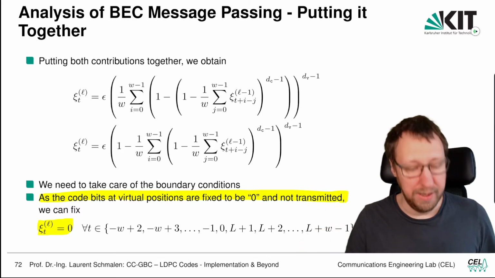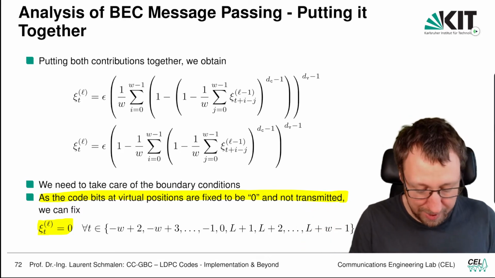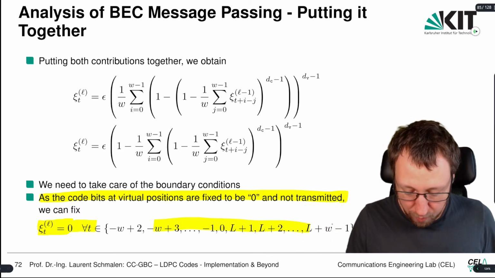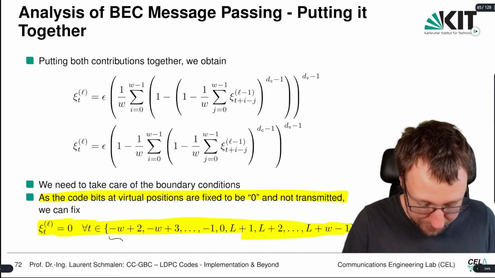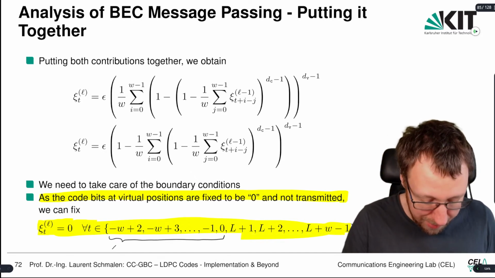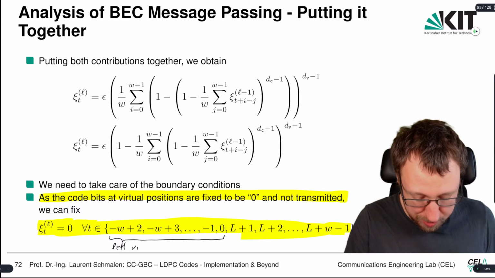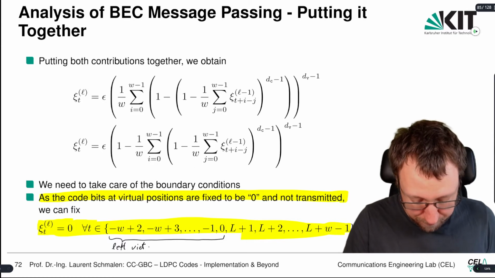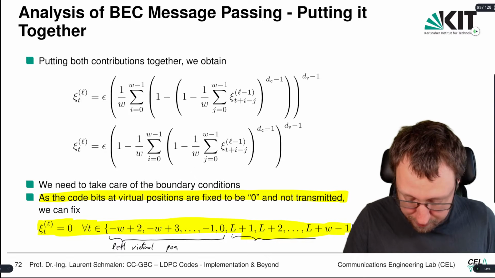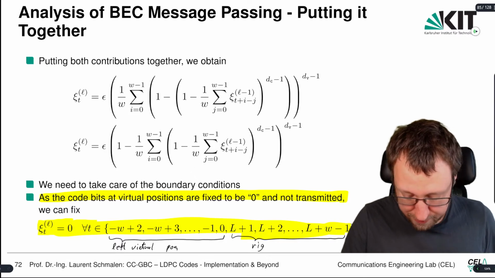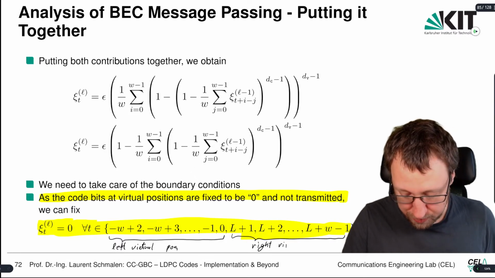They are never erased. So c_t^(l) is equal to 0 if we add the virtual positions. These are the left virtual positions, and these are the right virtual positions.